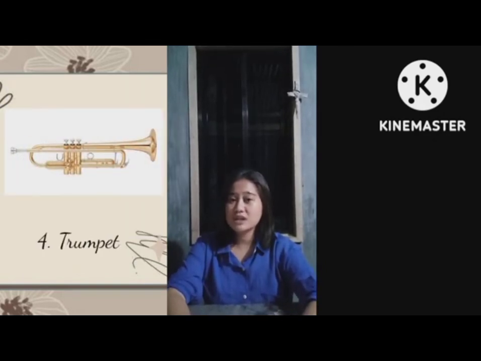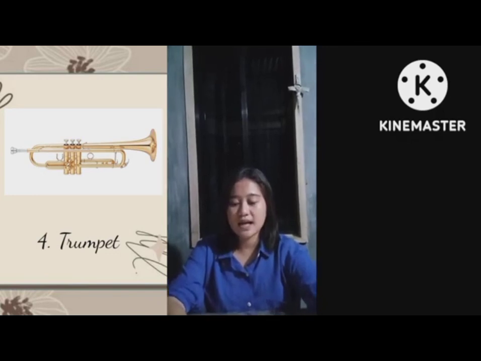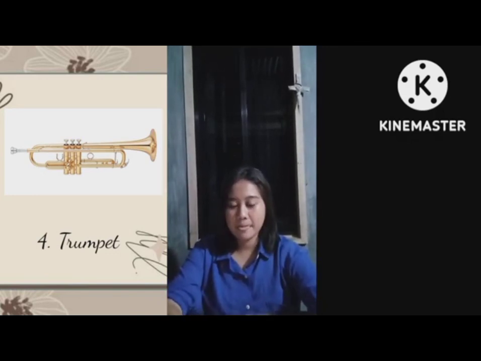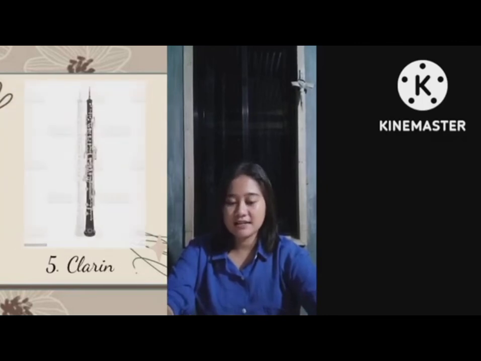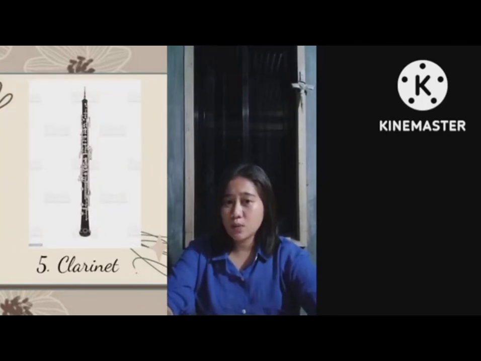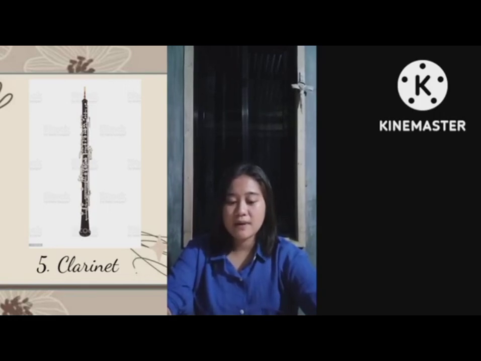Number 4, we have trumpet. It is the musical instrument which is usually played by blowing air through closed lips, producing a buzzing sound. Number 5, we have clarinet. It is a type of woodwind instrument that has a straight cylinder tube with a flaring bell and a single reed mouthpiece.